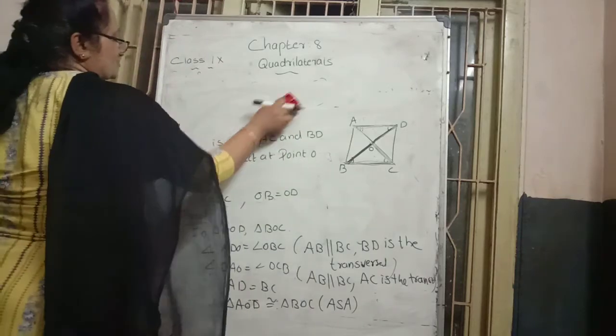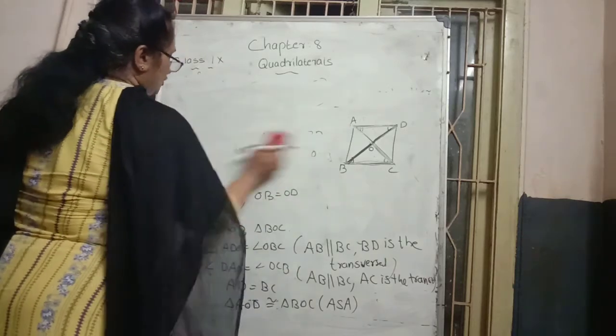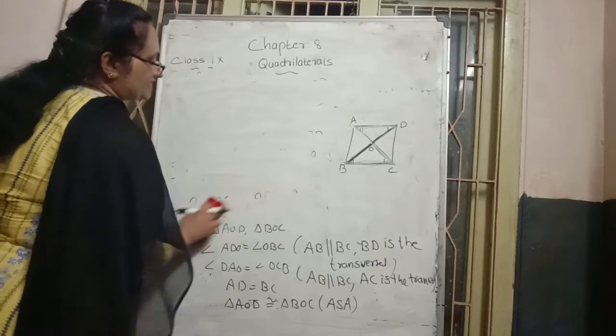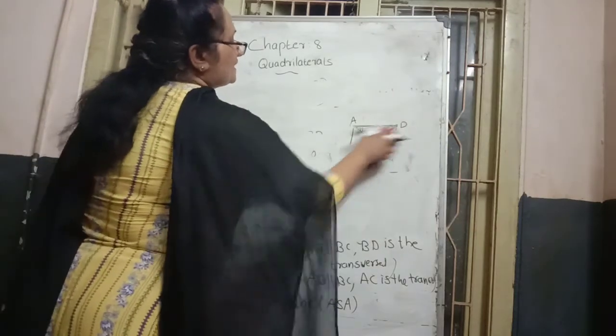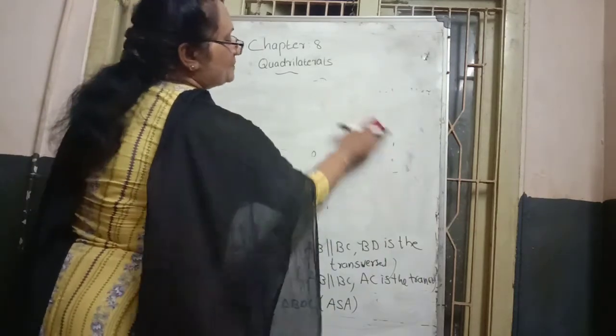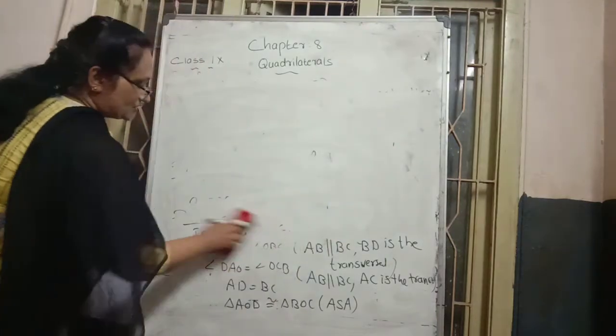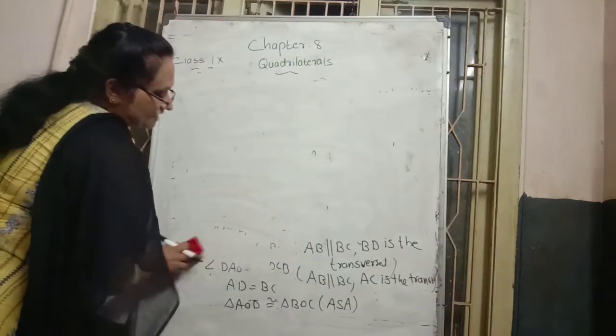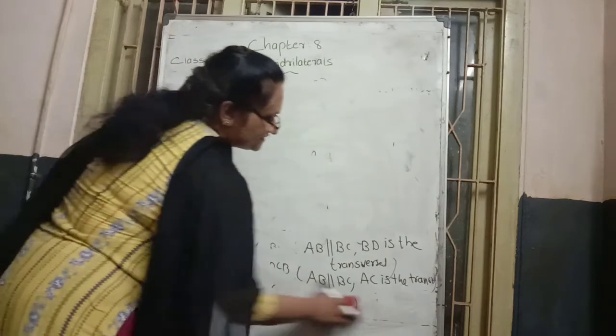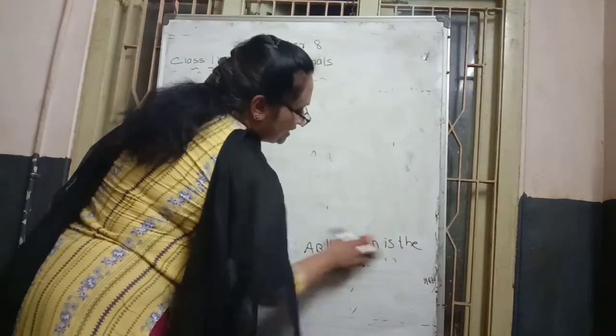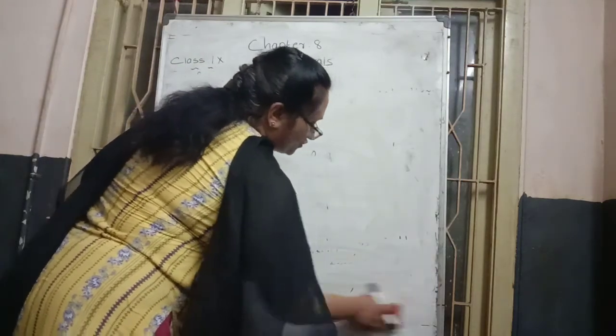In exercise 8.1, first question, they ask to find the angles of the quadrilateral. We know the angle sum property of a quadrilateral says the sum of the 4 angles is 360 degrees. There we apply it and find all 4 angles.